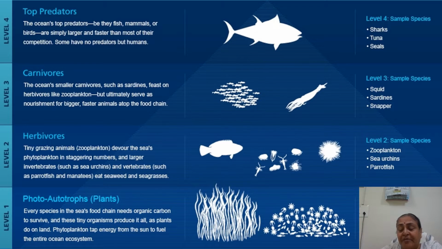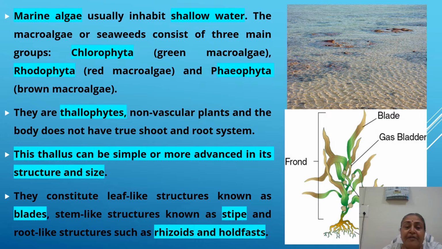Mostly the dominant producers are marine algae of different kinds, on which the other groups like herbivores, carnivores, and top predators all depend. So it is the main organism which participates in the marine ecosystem, and on which the life of other organisms depends. This is the main way they participate in the marine ecosystem.